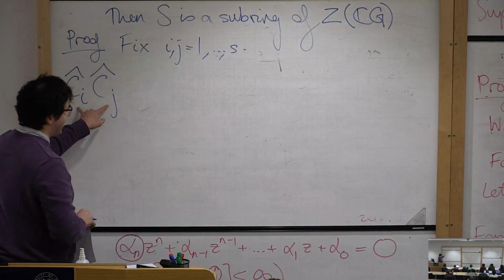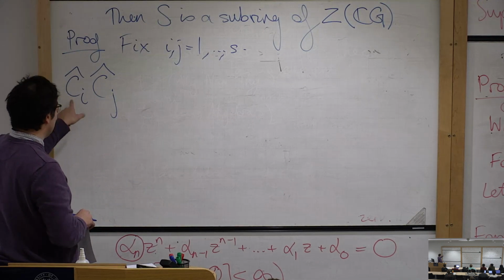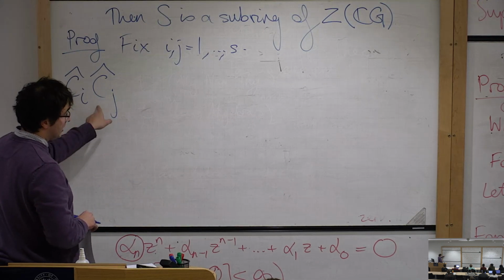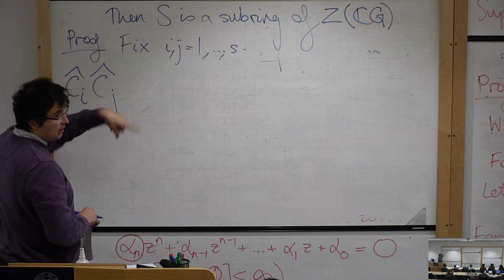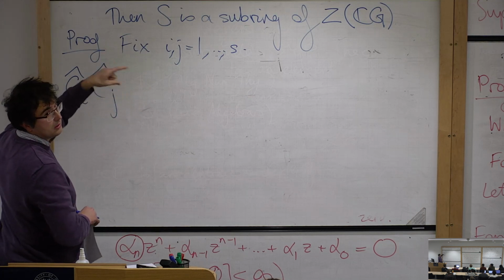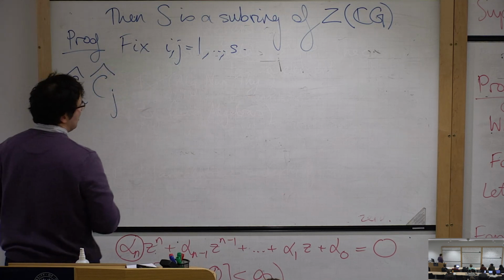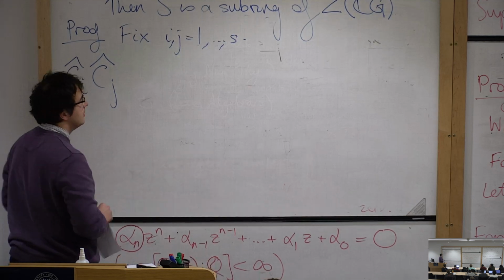It's supposed to expand out. This is the sum of all things in the first conjugacy class. This is the sum of all the things in the second conjugacy class. And you multiply them all out. It's not clear what you're going to get, is it?